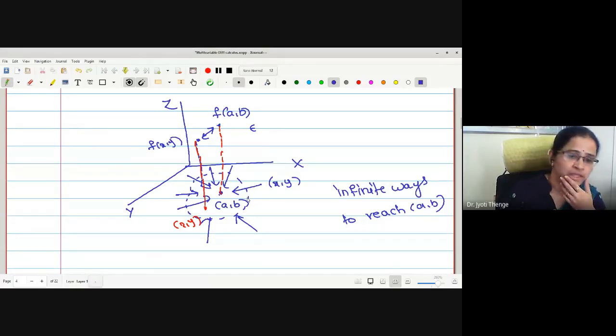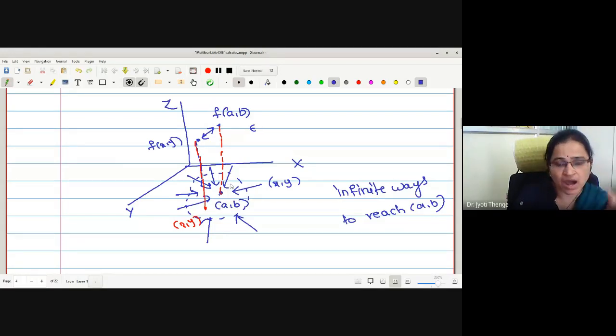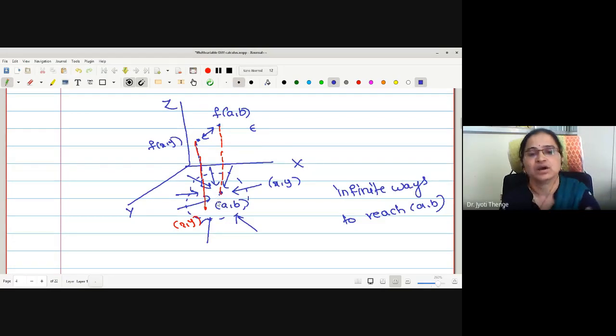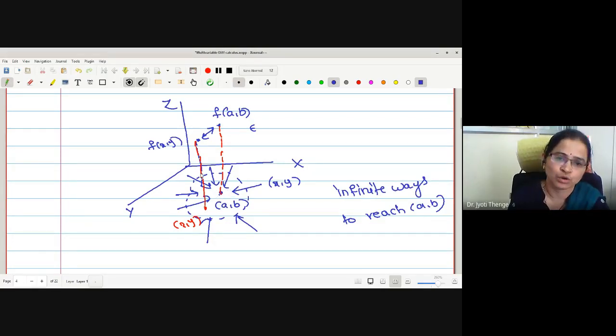Therefore, there are many ways to reach the point (a, b). All the paths along which we can come towards the point (a, b) are taken in order to check the continuity. But with partial derivatives, we get the rate of change of a function only in two directions: along the x-axis and along the y-axis.